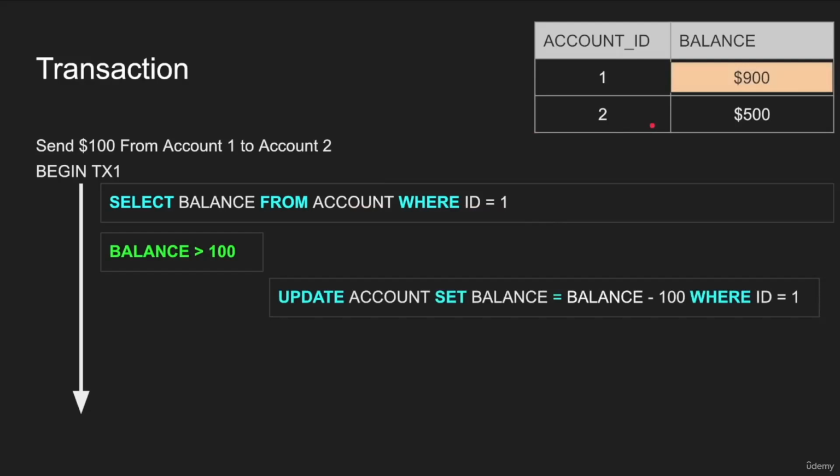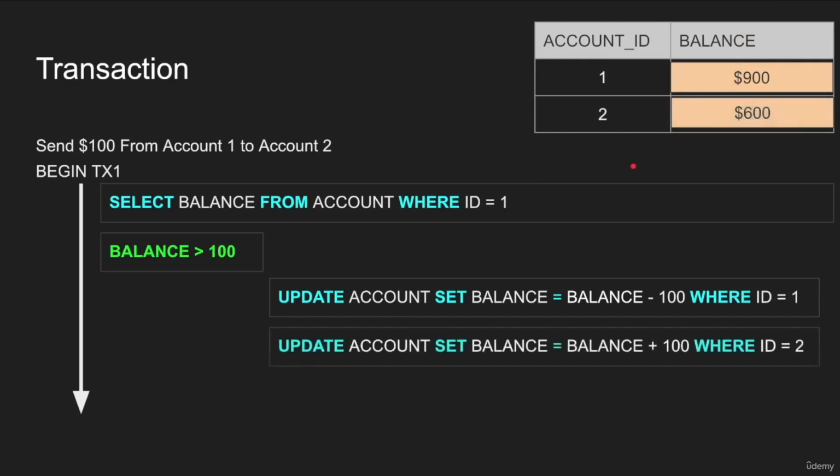All right, I'm good. I have more than $100. Let's debit my account. Update account, set balance equal balance minus 100, where ID equals 1. Beautiful. Now we have $900. Now, in the same transaction, I want to update the other account to add $100.